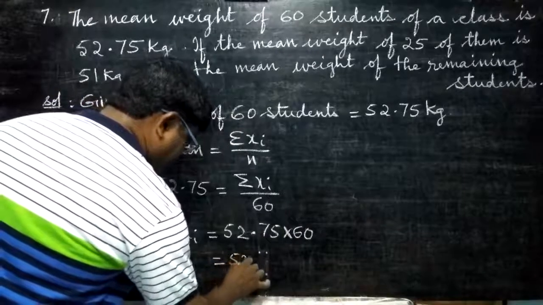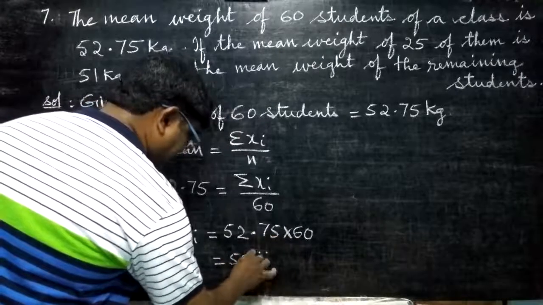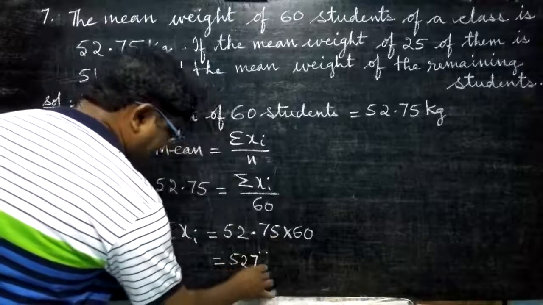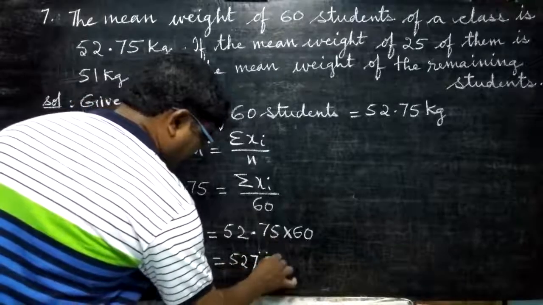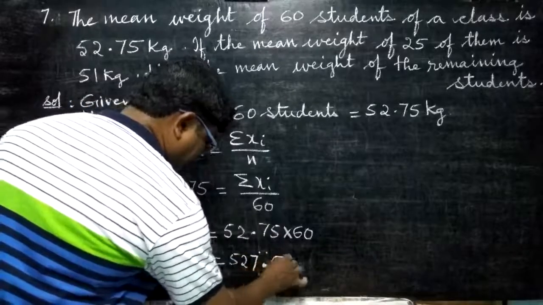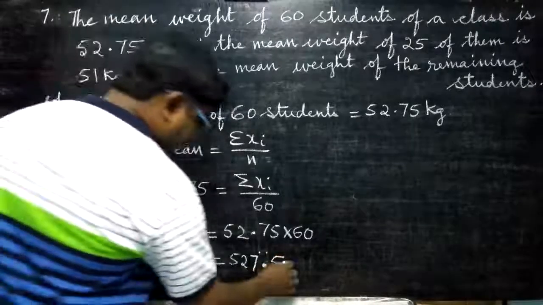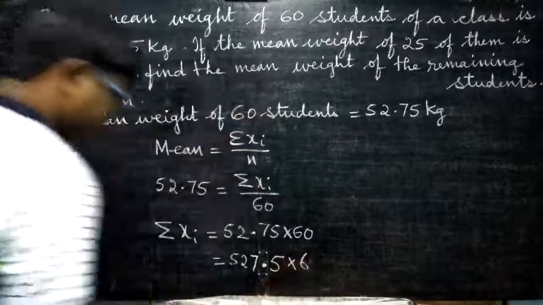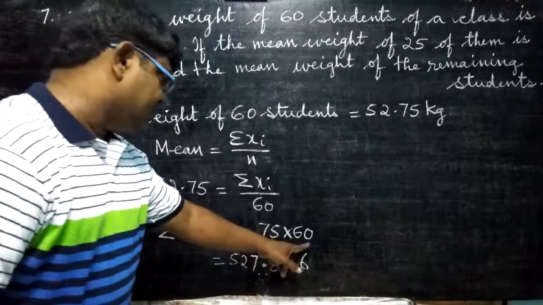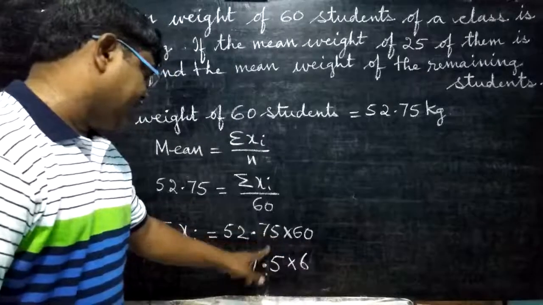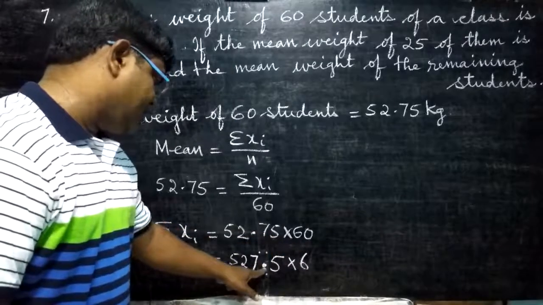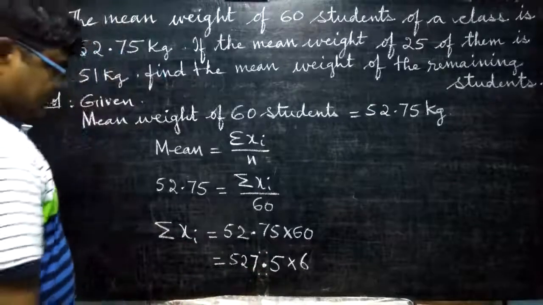Easy method: the decimal will move in front, so 527.5 into 6, because there is a 10, so the decimal moves one place.